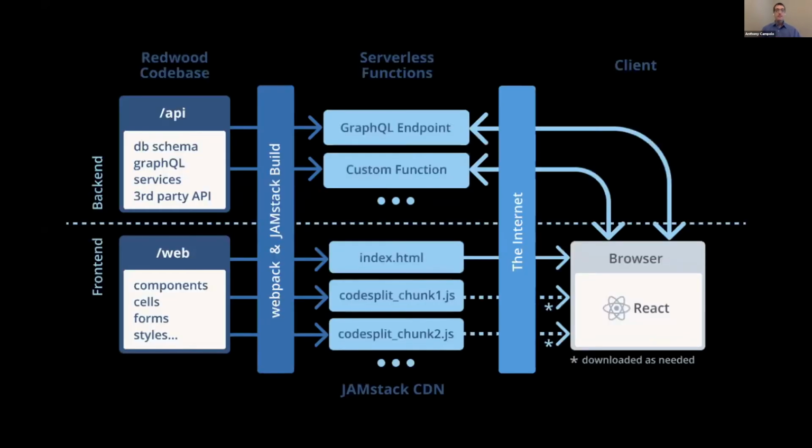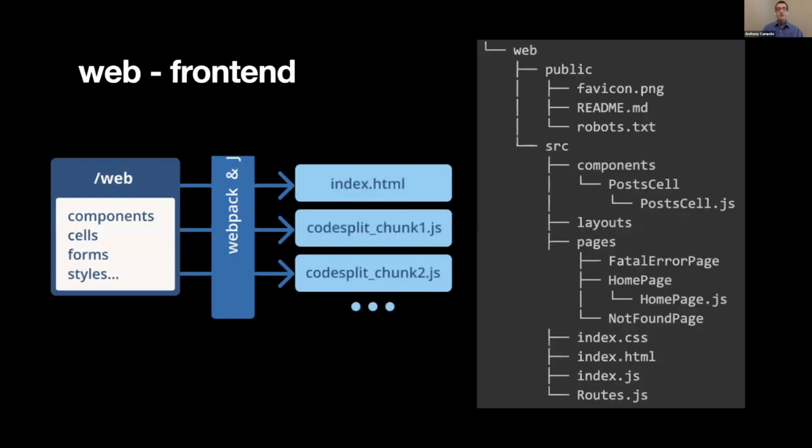So this is the architectural diagram, and we're going to break this down and talk about what each part means. The most important thing is what's on the left. So we have our web folder, which is our front end, and then we have our API folder, which is our backend. So let's look at the front end first.